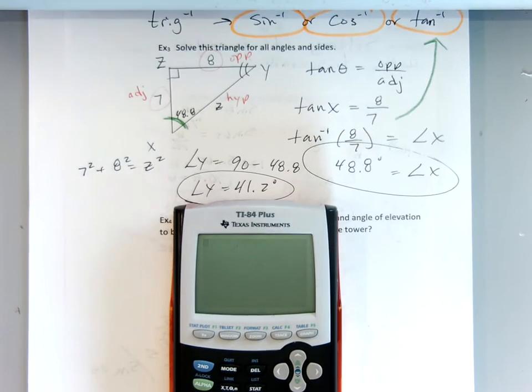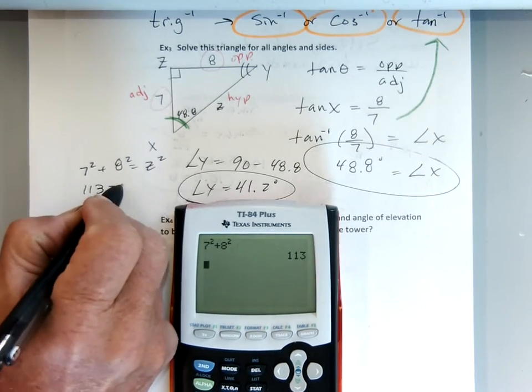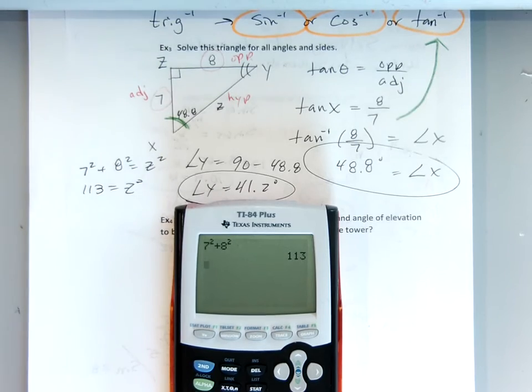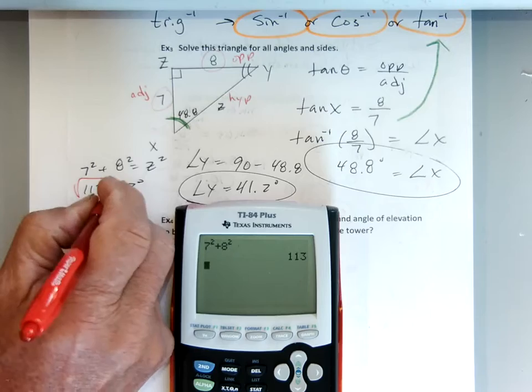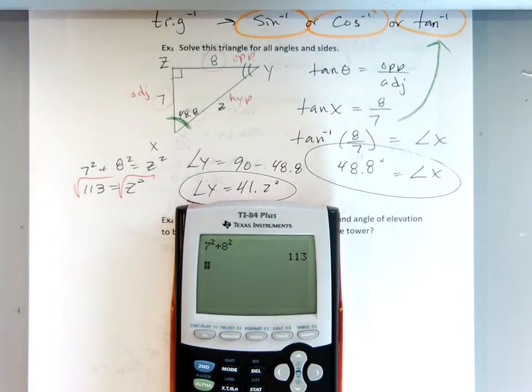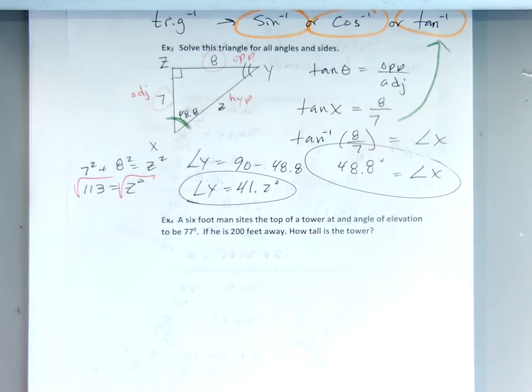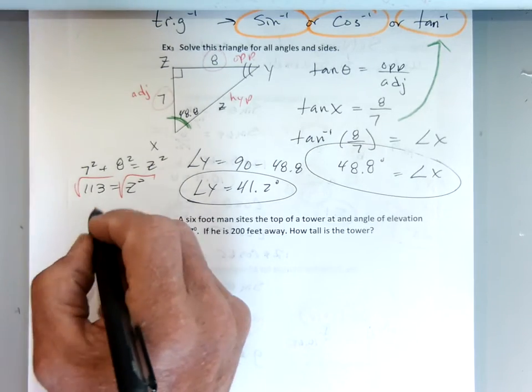Trig's fun. 7 squared plus 8 squared, okay, take that, 113. Square root, right? And I take the square root of that, and I get an answer about 10.63 or 10.6. What do you think? Give me a thumbs up. Can you do this? Okay.